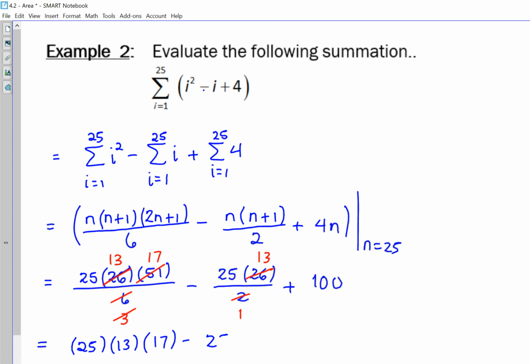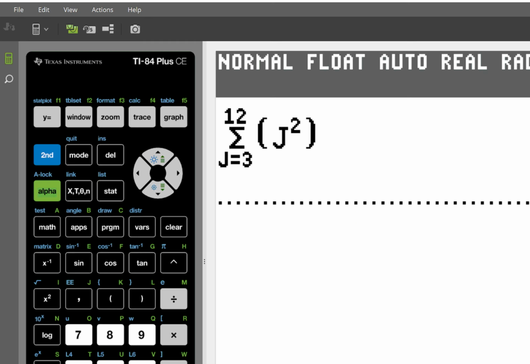plus 100. And now I understand that I'm about to do something that is probably a little underhanded, in that I said that we weren't going to use the calculator, but for the sheer fact that I don't want to multiply these values together, I'm going to go ahead and just type this in here very quickly. We had 25 times 13 times 17. Let's make sure that that's correct.